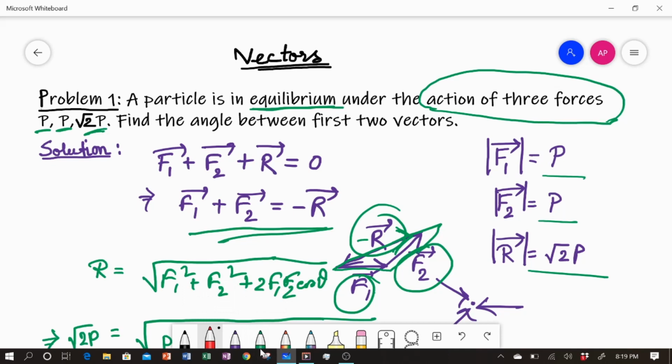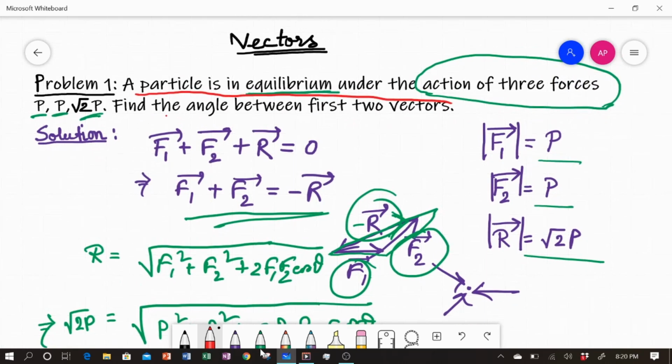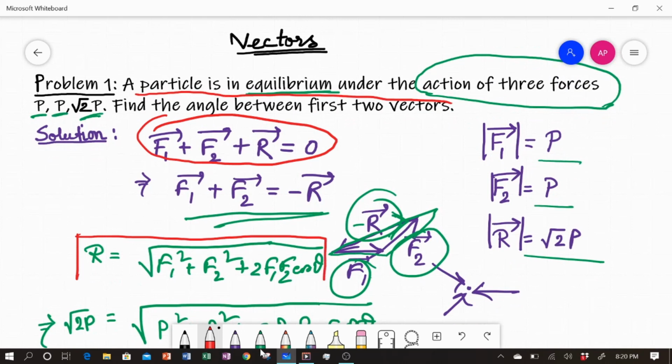That is, if a particle is in equilibrium, that means the total force acting on the particle should be 0, that the resultant of these forces should be 0. This is a very important thing. And the formula for resultant, you should remember this formula. This is very important. By just these two things, you can easily solve this type of problems.